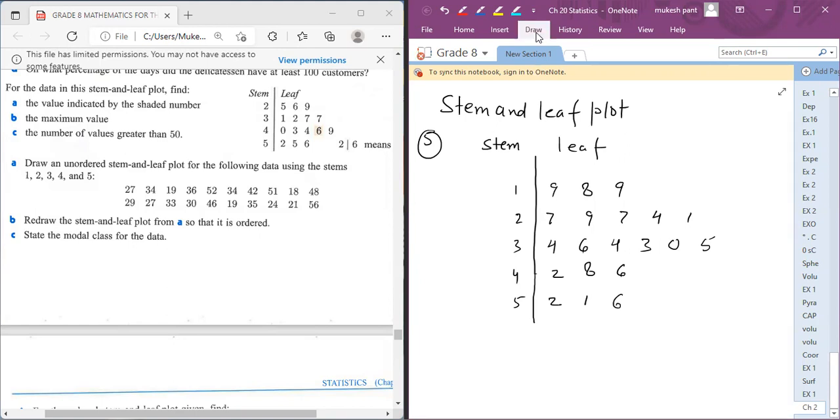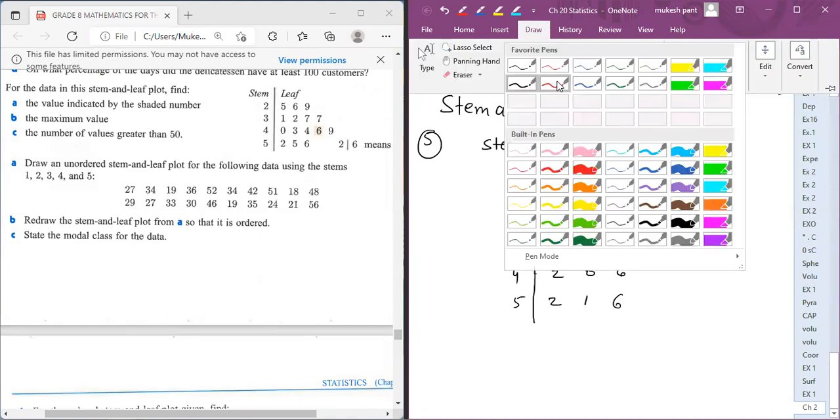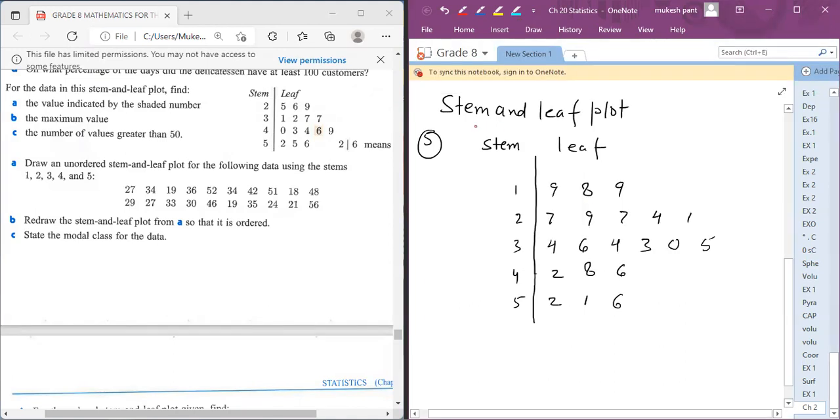We will draw both ordered and unordered, but first of all we have to draw unordered. This is, guys, the unordered stem and leaf. Is it clear how to draw it, or do you still have some doubt? We can explain it again. Sir, if it's ordered, then is it from the least to the greatest?